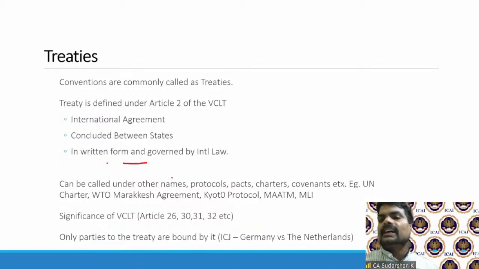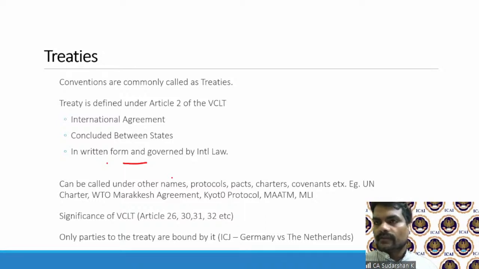So it's basically countries coming together and trying to enter into an agreement. The legal jargon that is used is treaty. It can also be called convention, charter, covenants, whatever you want, but more famously known as treaty or a pact. So, Article 2 of the Vienna Convention on Law of Treaties.